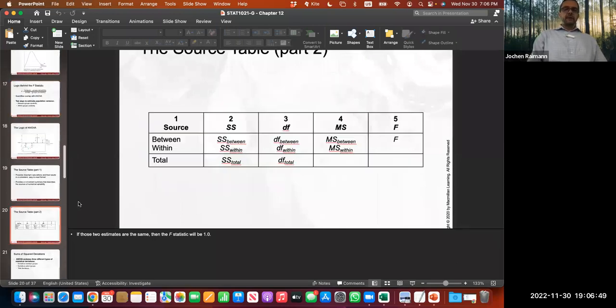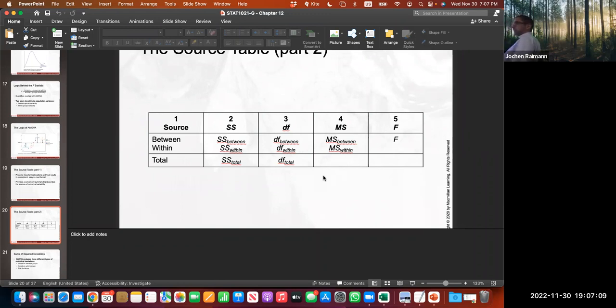And in the end, what you want to fill out entirely is the so-called ANOVA source table. This is an important way of visualizing and summarizing this data, because it gives you an overview of all the respective components.